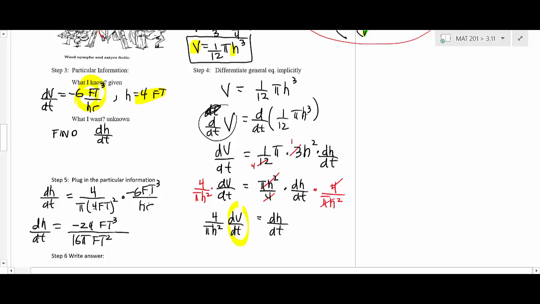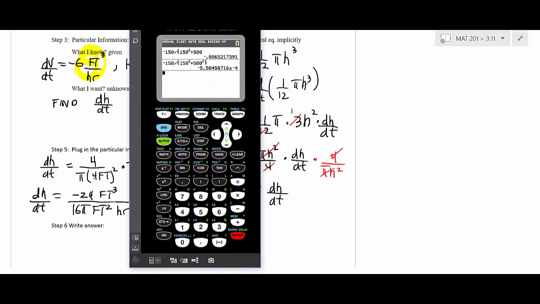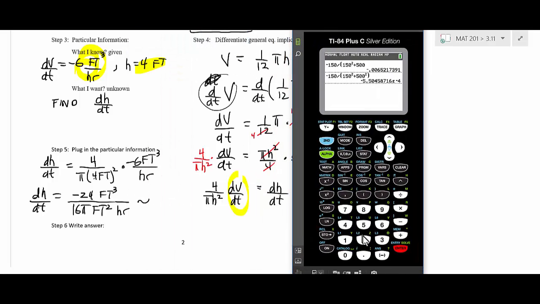And then I still got per hour. I'm going to put the hour there in the bottom, just to show you how units work. Now I'm going to get the calculator out. I don't even need to reduce the fraction, so I'm just going to go 24. It's a negative answer, so it's 24 divided by 16 pi. Notice that I'm putting parentheses around the denominator. You want to be careful about stuff like that.